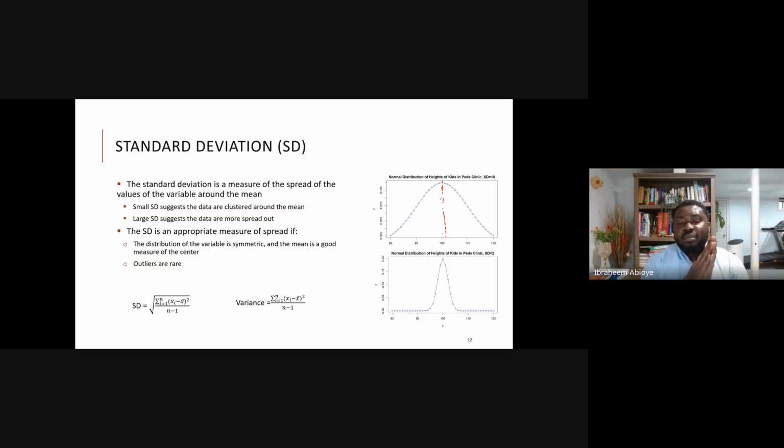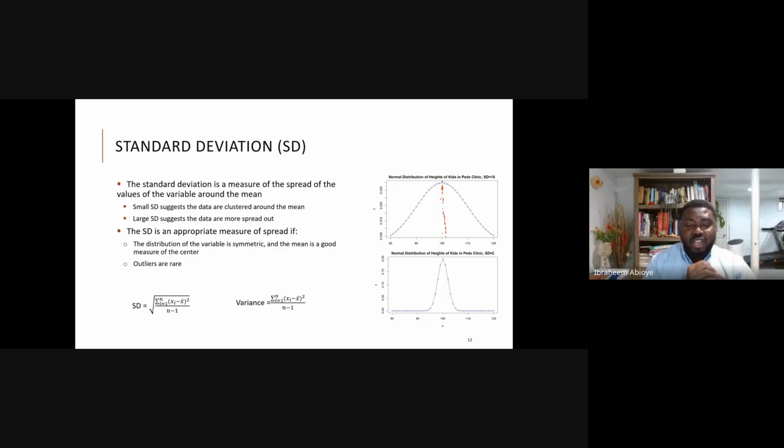Okay, if we were to calculate the standard deviation for the male doctors, it will be large. But for the female doctors, it will be smaller than the standard deviation for the male doctors.